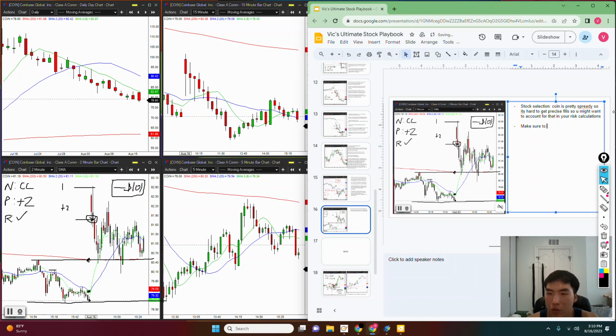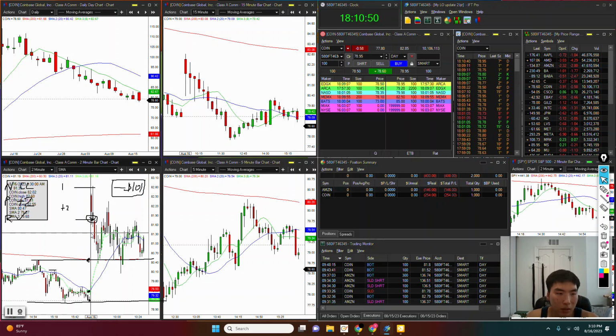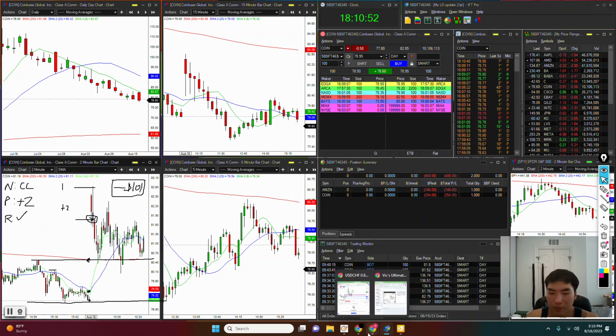Make sure to have a proper event stop, 1 cent below the low. So in this case, the stop should have been at 81.60.